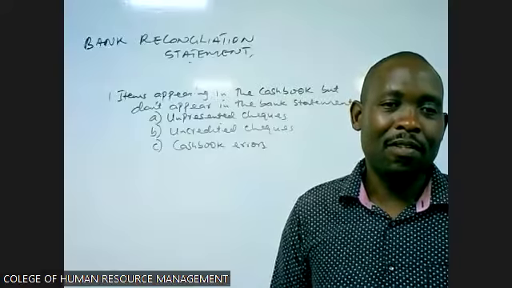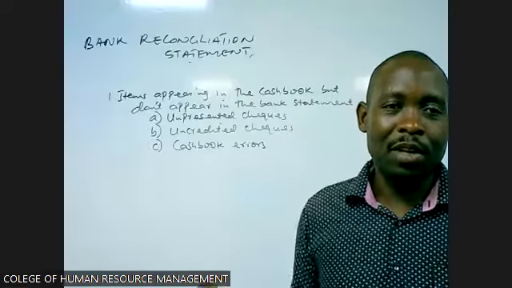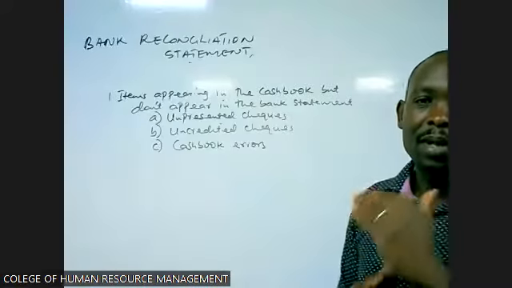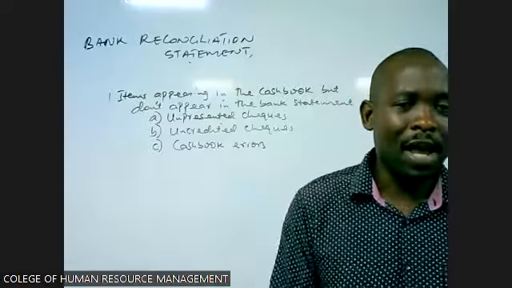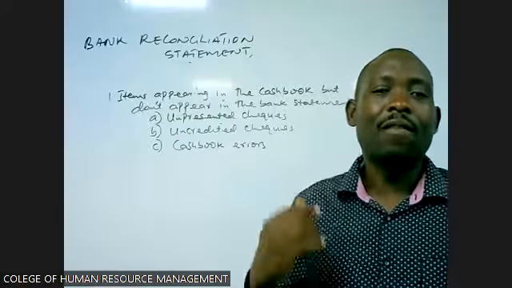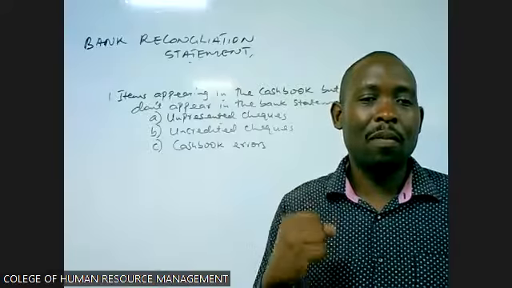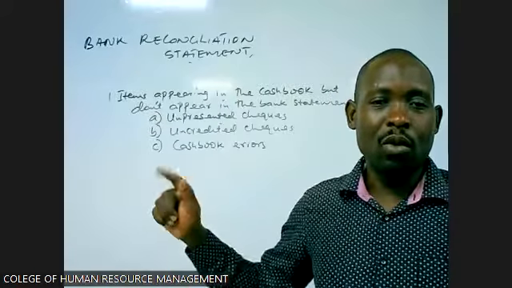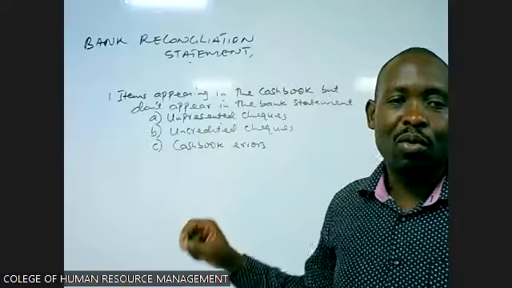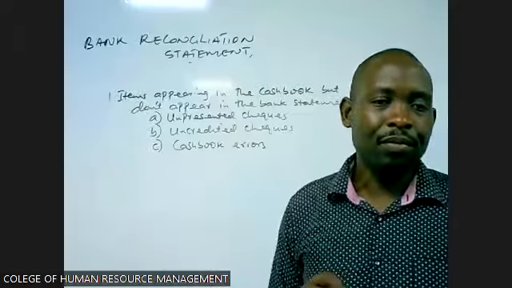Note this, unpresented checks are those checks that have been paid to suppliers or other creditors, but the suppliers or those creditors have not presented those checks for payment. When you look at the payment side of the cash book, you can find them.